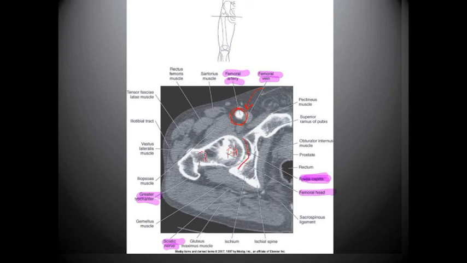Additionally, we have the acetabulum, femoral head, femoral neck, greater trochanter, superior pubic rami, and notice that the femoral vein is situated right next to the femoral artery.